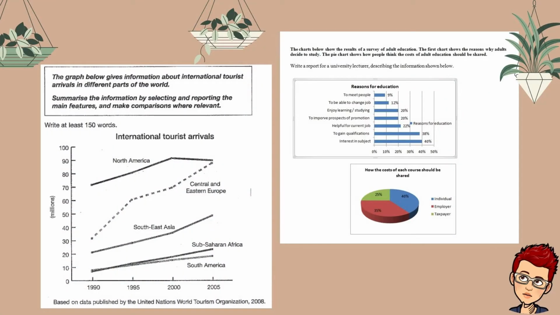Let's take a look at this example first. As you can see, the first essay is very technical and requires a specific vocabulary and language structures. Analyzing data from graphs, charts, and tables is not something we usually do in our mother tongue most of the time.